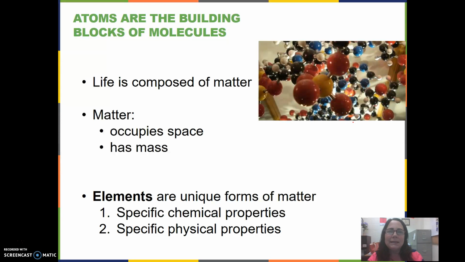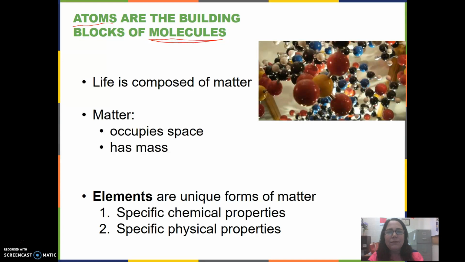Atoms are the smallest particles of an element, and you may have seen elements on the periodic table of elements. So atoms are the building blocks of molecules. Molecules are just combinations of two or more atoms that are chemically combined.